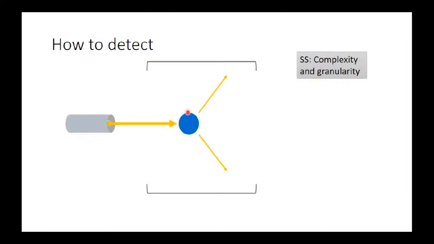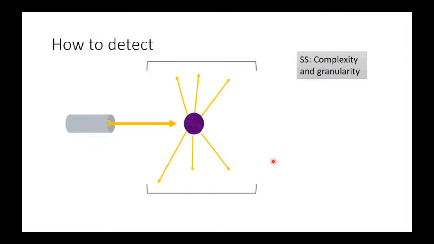Because simple cells scatter the light in the side direction, yes, but when the cell is complex from inside, with granules inside, these little granules will also scatter light in different directions, and in this case I will get more side scattered light, like this. So this is a complex cell from inside. It contains small granules, and these granules also scatter the light in different directions, so I will get a higher intensity of side scattered light.